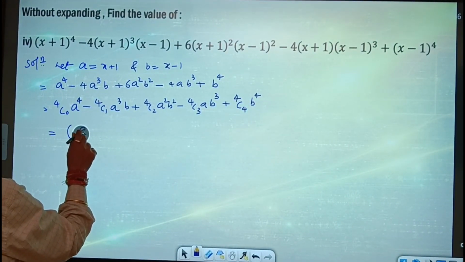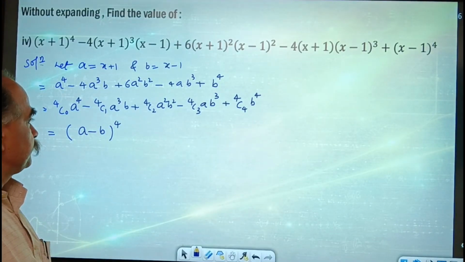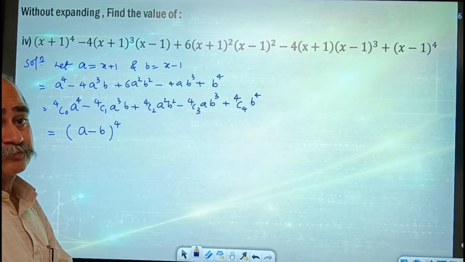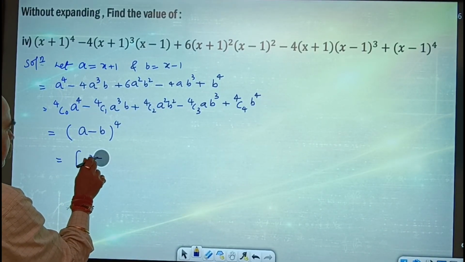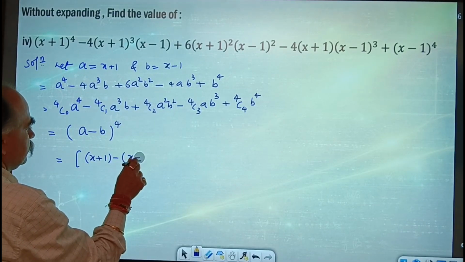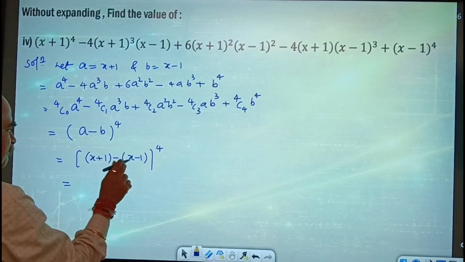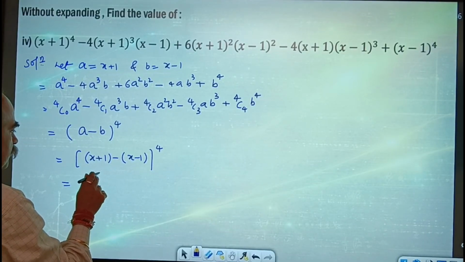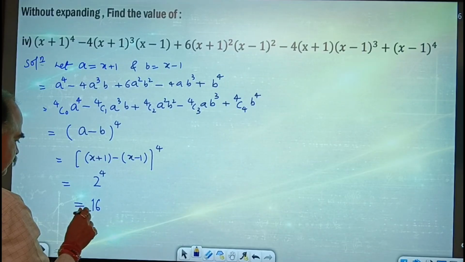And this is nothing but A minus B raised to 4. This is the expansion of A minus B raised to 4. A is x plus 1 minus x minus 1 raised to 4. When you open the bracket, you will get 2 raised to 4, which is 16.